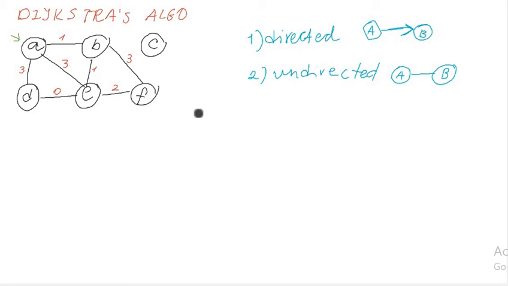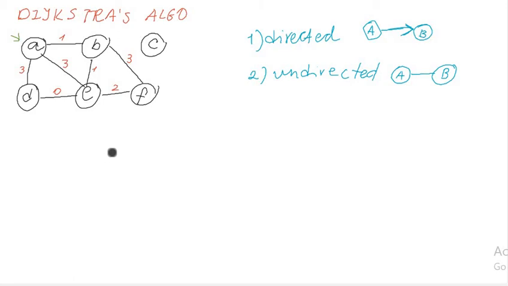And the main difference between BFS, meaning breadth first search, and Dijkstra is that BFS finds the shortest paths in terms of the number of nodes between the source and the destination node. But in Dijkstra, the shortest path will be the one which has less weight among all.